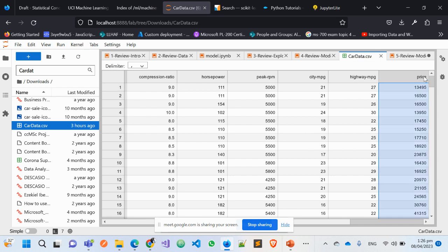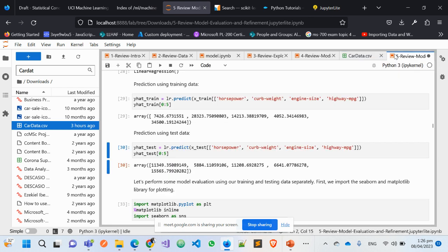From this column, we see 13,000 and 16,000, and so on. On model 5, we see 11,000, which is not so far off, and another 11,000 here, and 15,000 here.